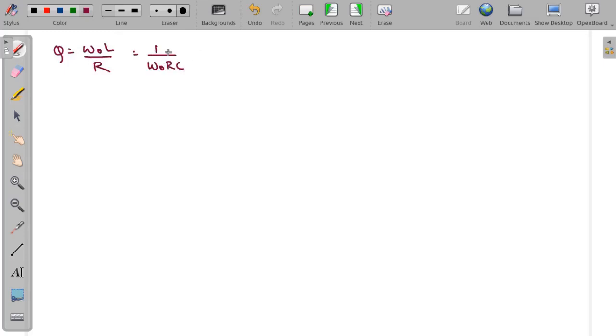You can use any one, so let us use this one. Omega naught is equal to 1 by under root LC, so let me bring it in the numerator. So this is equal to 1/R under root of L/C. Now multiply with 2 and divide by 2.